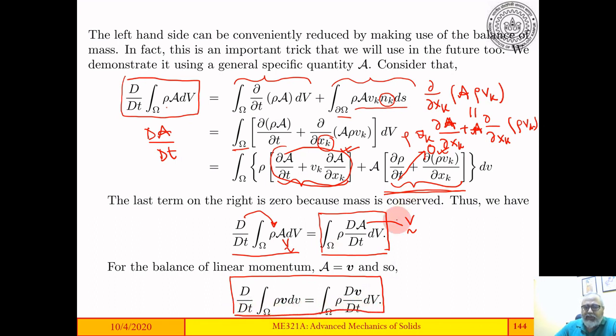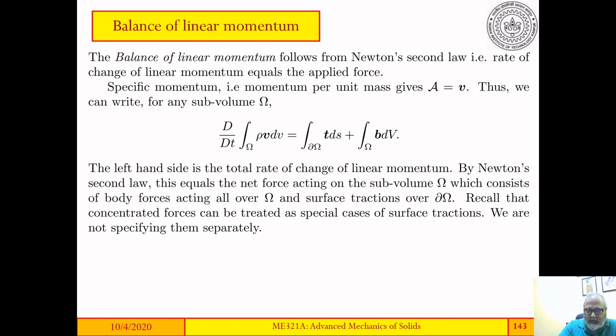Sorry, I keep messing it up. This is the left hand side of the linear momentum equation, not angular momentum. So this is the statement of Newton's second law, balance of linear momentum.